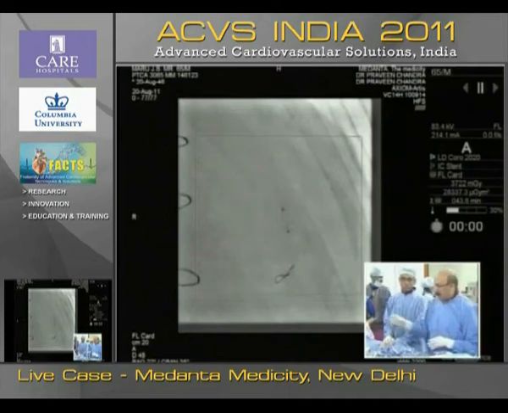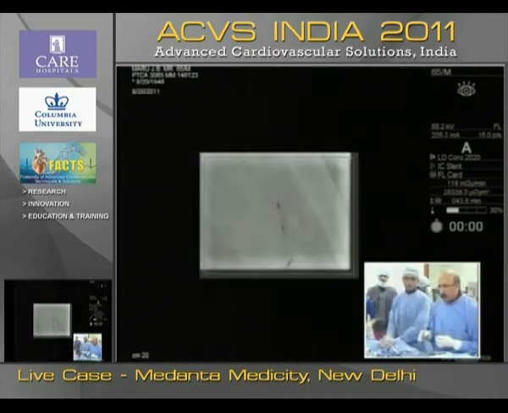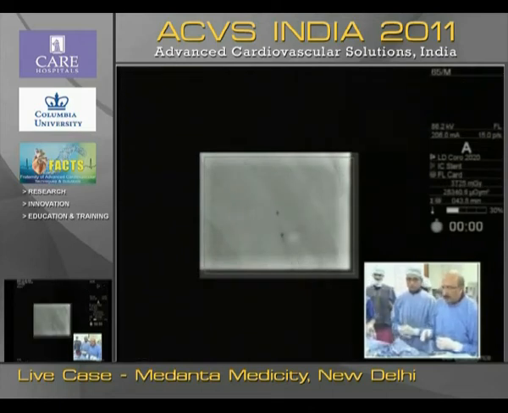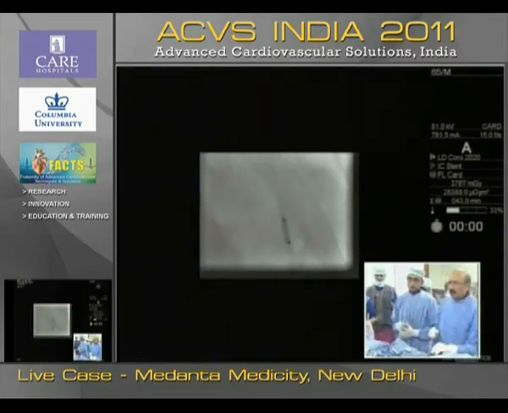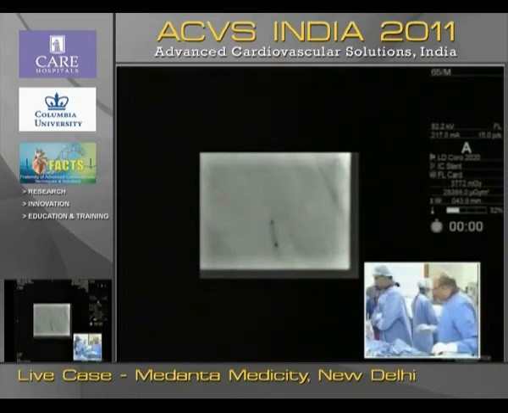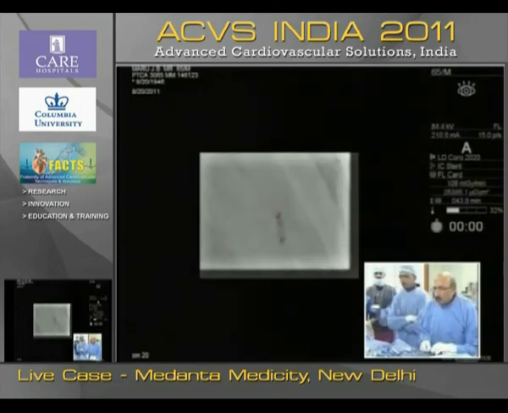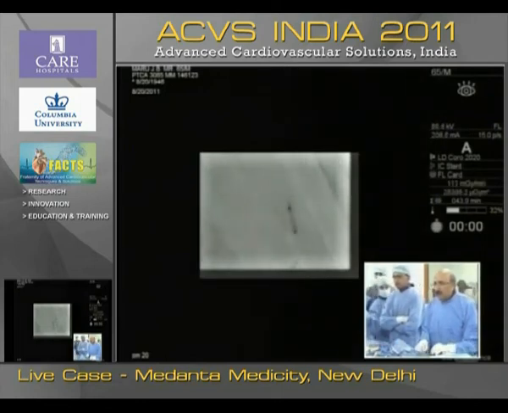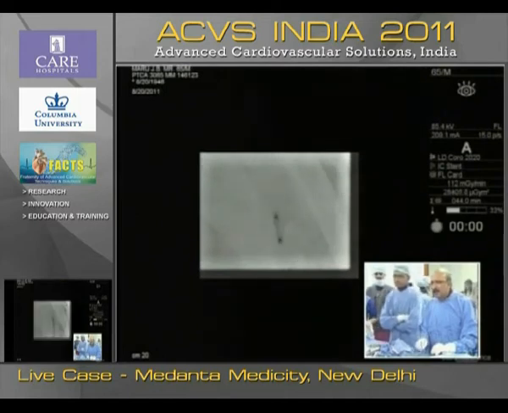So we always work in the low radiation zone, and this is very, very important. This brings down the radiation to at least one third, I was told. So 10, 12, 14, 16. Okay, 16 is fine.